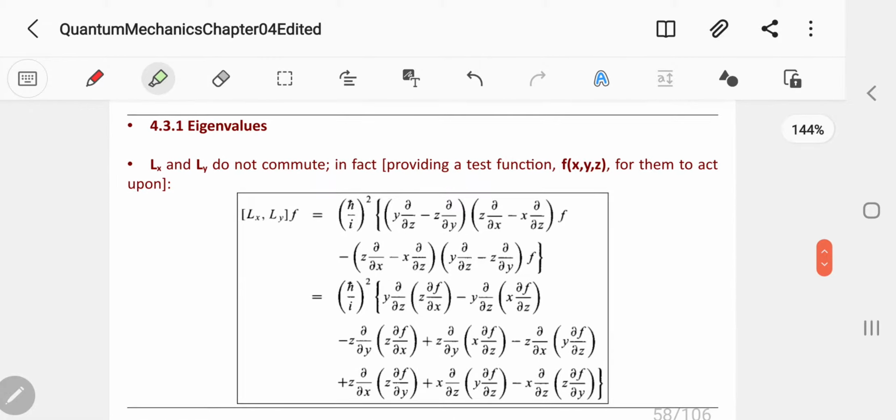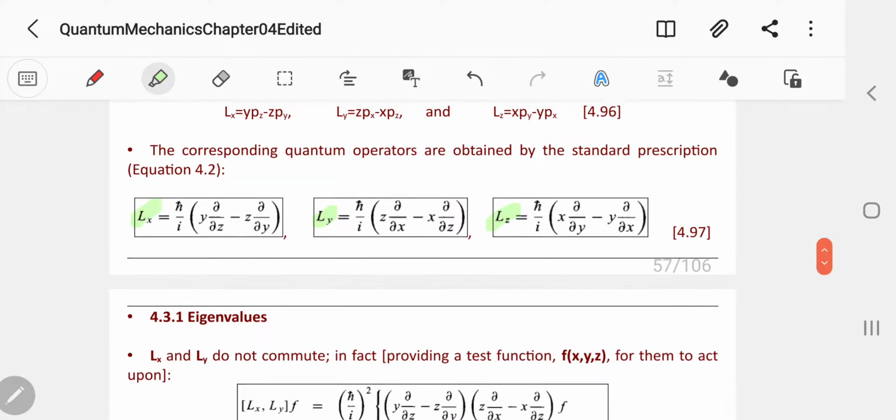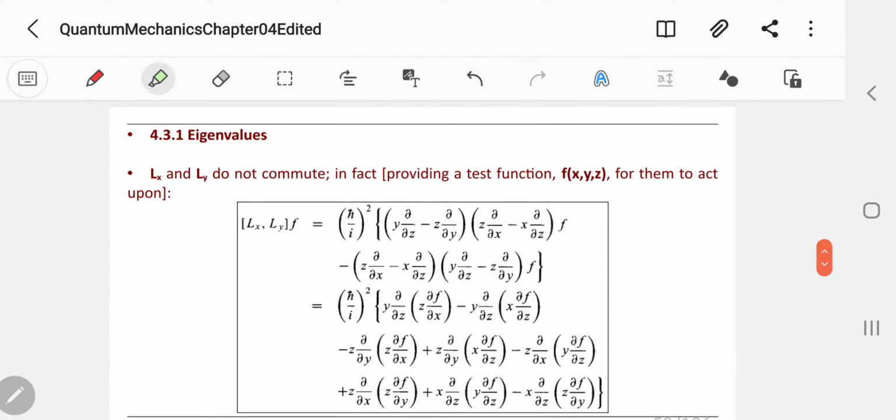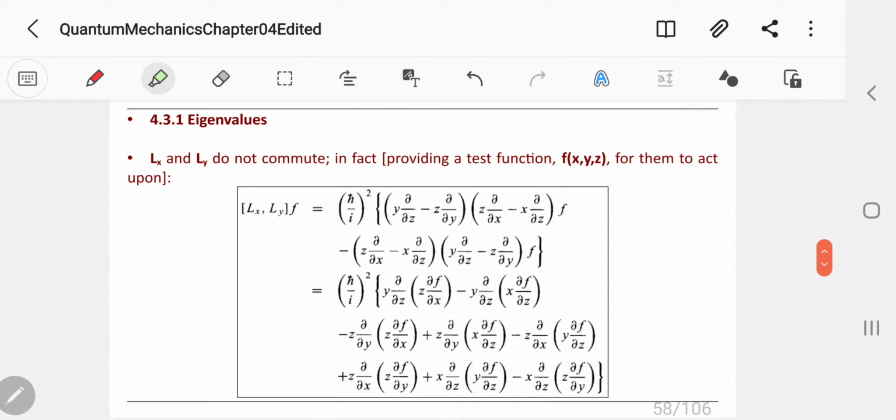So let's look at the eigenvalues of this angular momentum L. Here, let's check if Lx and Ly commute. So here we have the commutator between Lx and Ly.